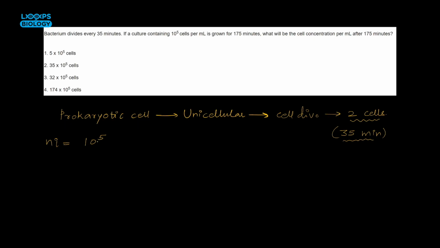Initial number of the cells is 10 raised to 5 cells per ml, grown for 175 minutes. So the total time is 175 minutes. Can you guess how many generations of the organism will form?